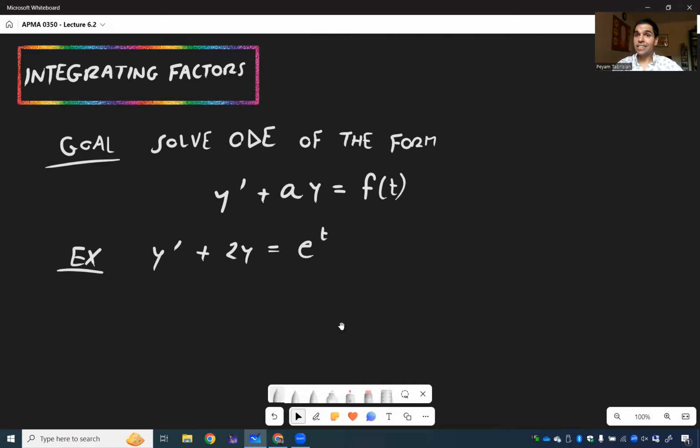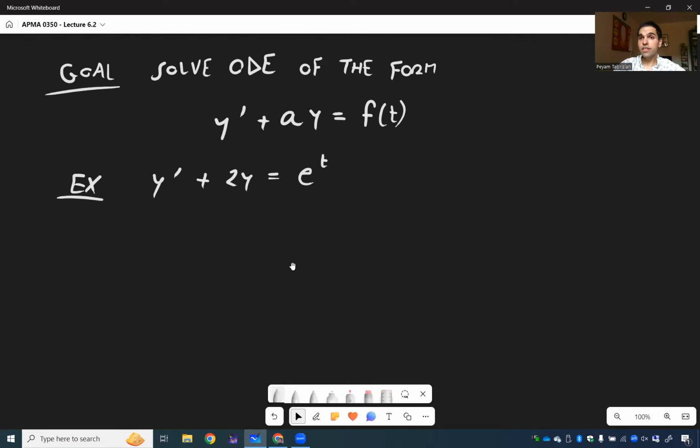What's the idea? We want to multiply this differential equation by a clever function called an integrating factor and put this in the product rule form from the previous example. Here is the trick, and later I will prove how this trick works in a separate video.